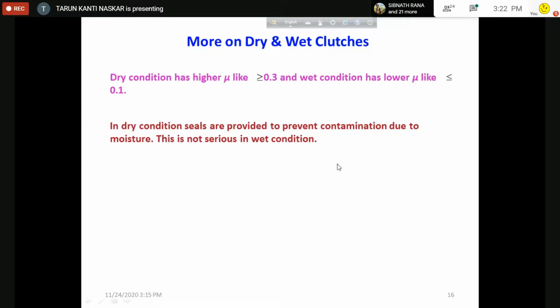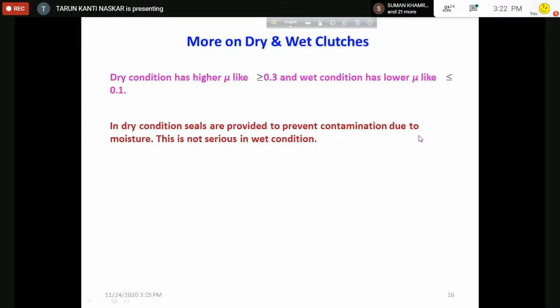Now dry condition has higher mu, like greater than 0.3, and wet condition lower mu, like less than or equal to 0.1. In dry condition, seals are provided to prevent contamination due to moisture.